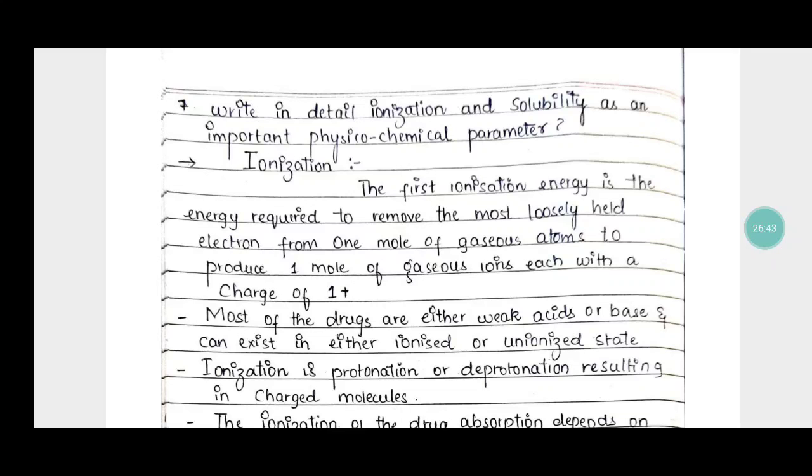Ionization. The first ionization energy is required to remove the most loosely held electron from 1 mole of gaseous atoms to produce 1 mole of gaseous ions with a charge of +1.